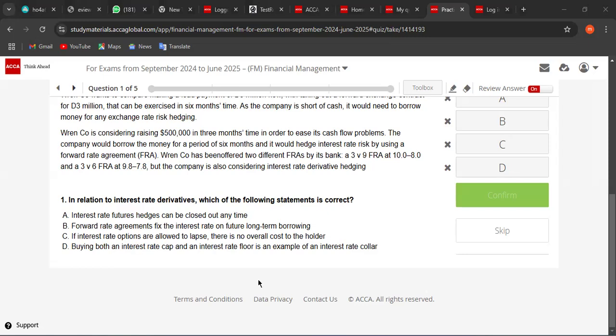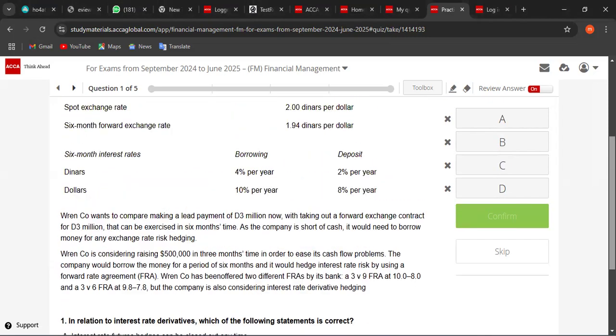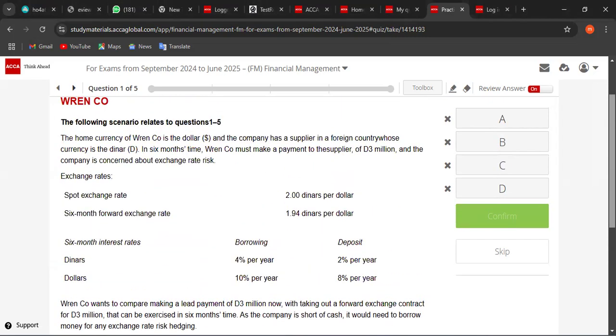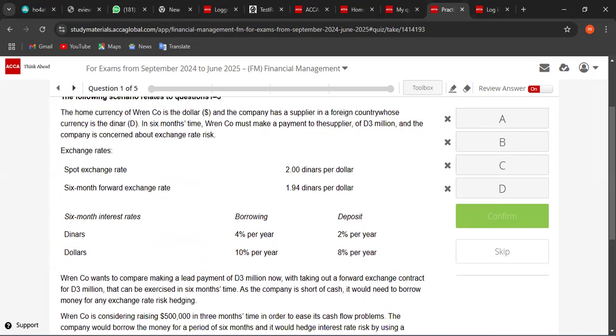Shruti, tell. Interest rate futures hedge can be closed out at any time. Is this right or wrong, guys? Tell me, guys, if you give the wrong answer, we can rectify.